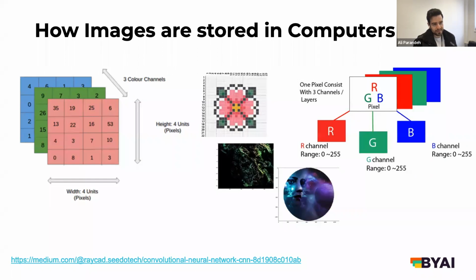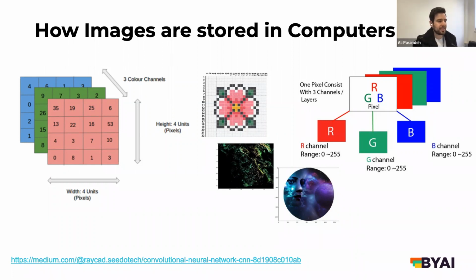And if you have different color channels, so let's say red, green, and blue, these are represented by different matrices that then stack on top of each other. And the numbers in each matrix represent the intensity of that color channel. So you can basically use these color channels and numbers to represent any image you want in a computer. So that's how computers store images in the background.